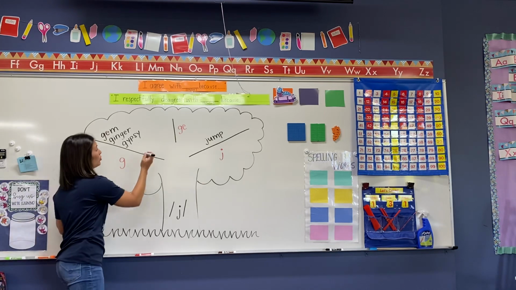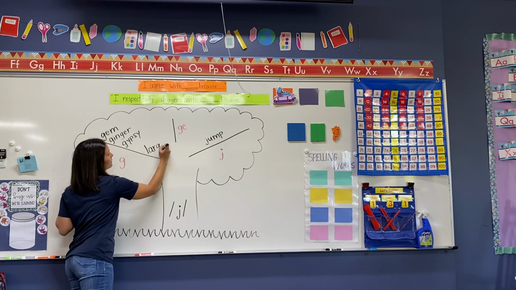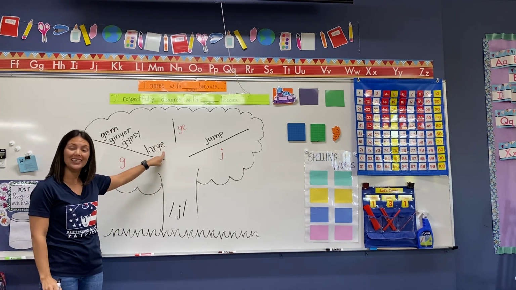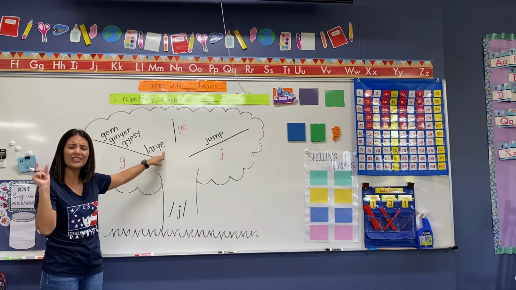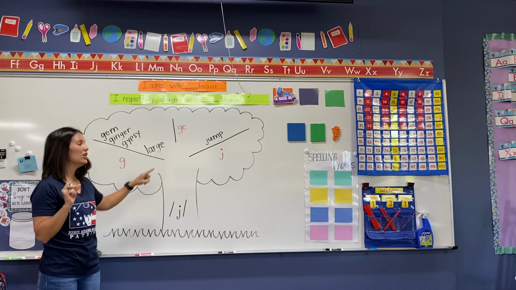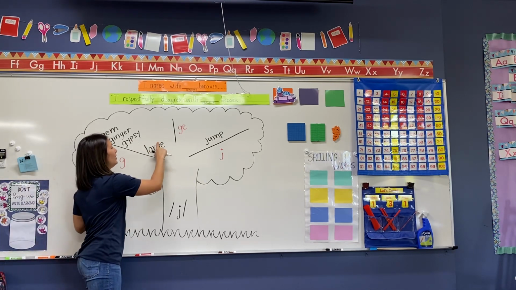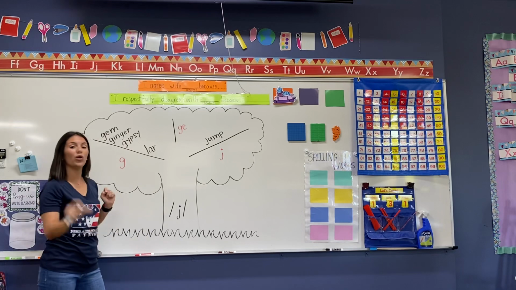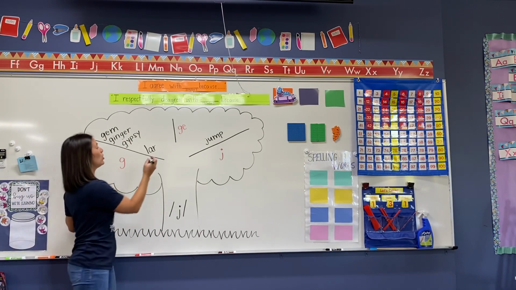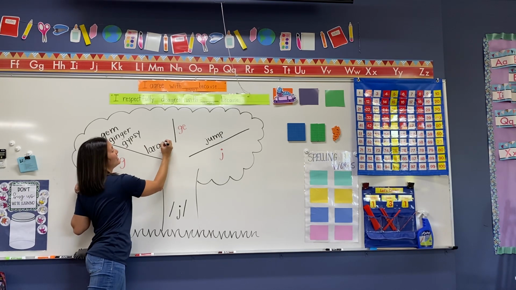For example, like the word large. We have a GE here, but we want to add the suffix est, largest. So that GE, we're going to get rid of that GE. When you add a suffix, it's replaced with just an E. So large, and then you add your suffix, est.